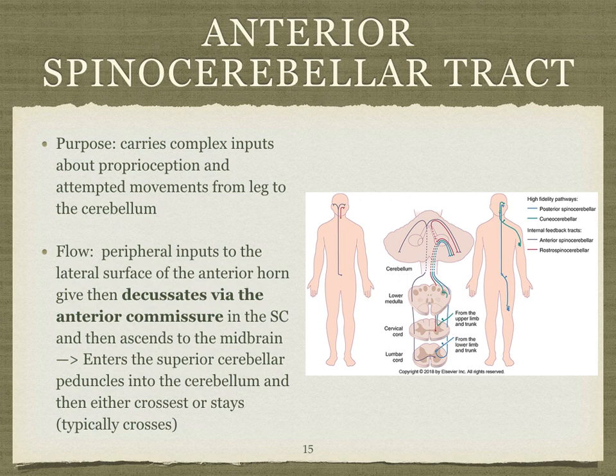So pause, rewind, re-listen to it, but I'll say it once more. So our peripheral input is coming directly to our anterior gray horn, because it's aiding in descending tracts.